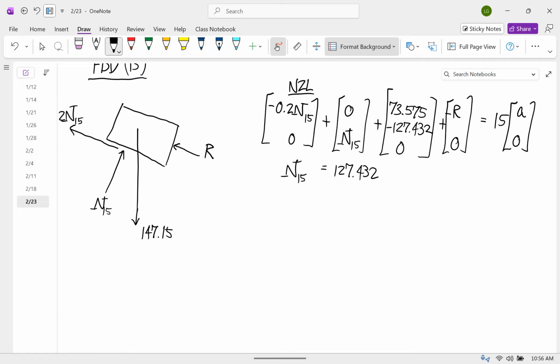And then we can plug that into the first equation. So negative 0.2 times what N15 is, plus 73.575 minus R is equal to 15A.